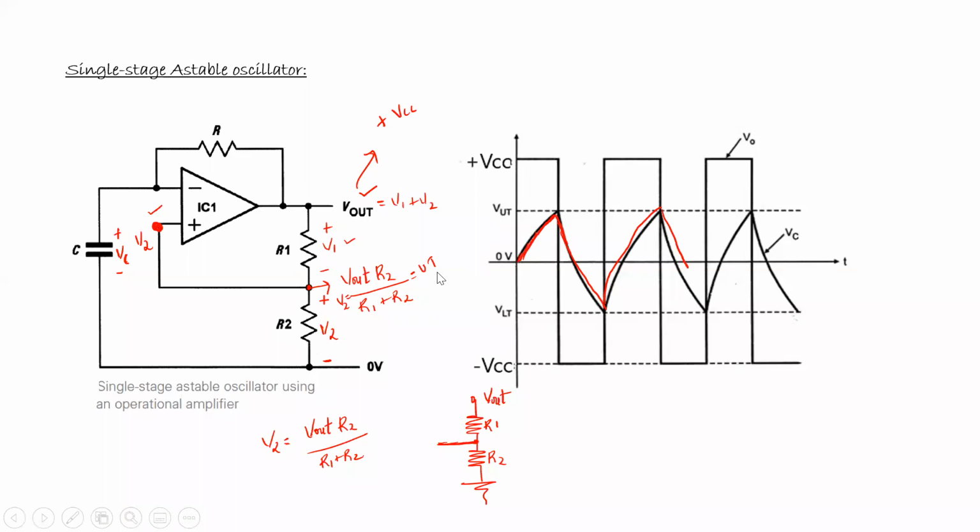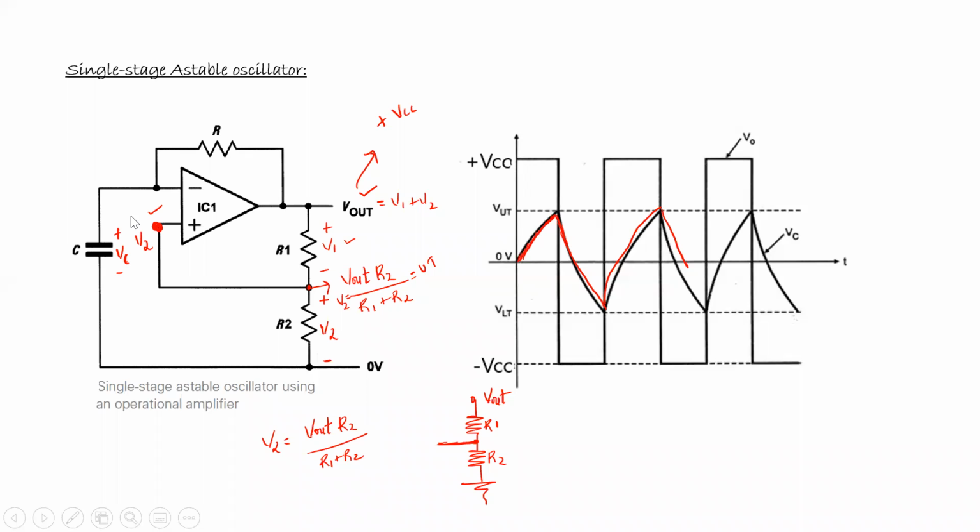Upper threshold voltage is the voltage that comes here across the capacitor. When it reaches the upper threshold voltage, it becomes greater than V2.